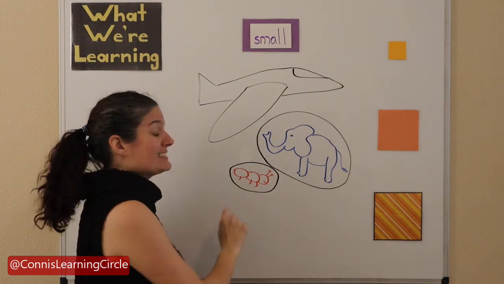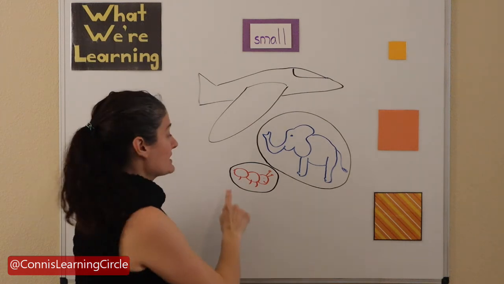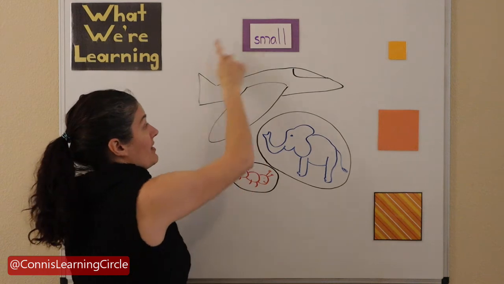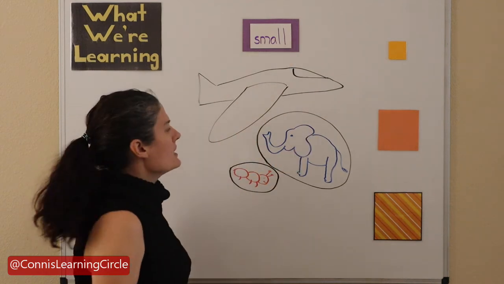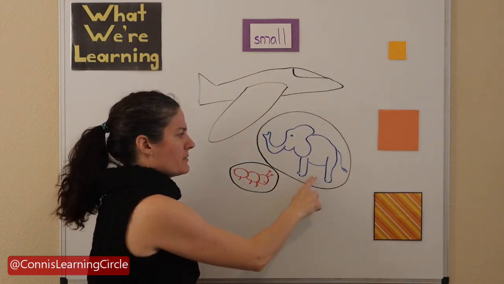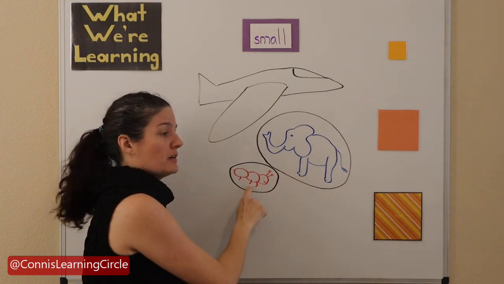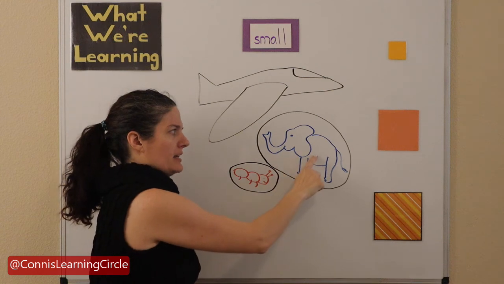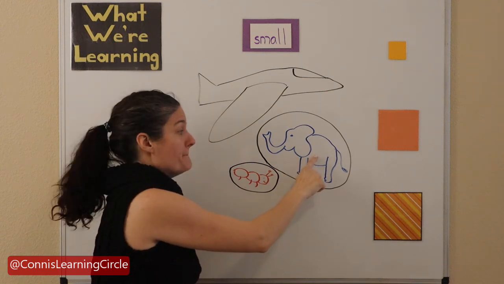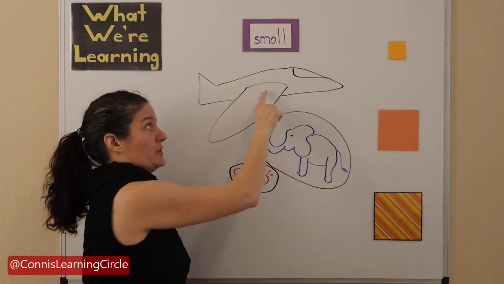That's right, our ant is still small because it takes up less space than our airplane up here. Now, what about our elephant? Our elephant, we said, was big when we compared it to our ant. Is our elephant small or big when we compare it to the airplane?